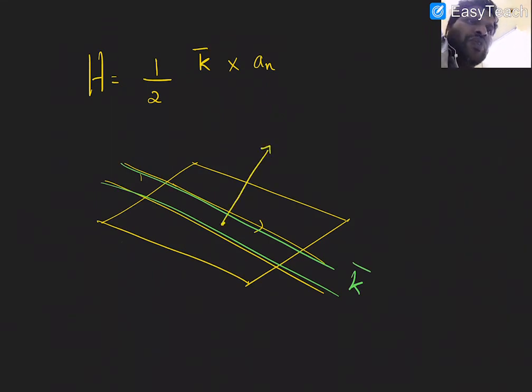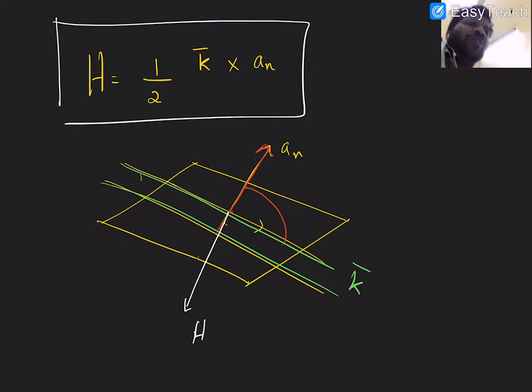Then just take the cross product between these two, and you will get the direction of H. So the final result can be concluded like this. I hope it is clear to you. Thank you.